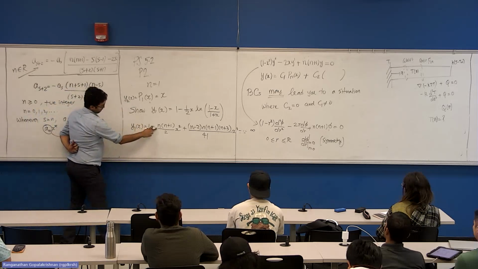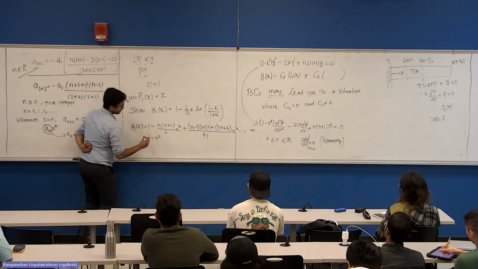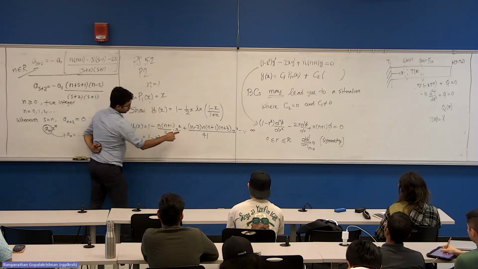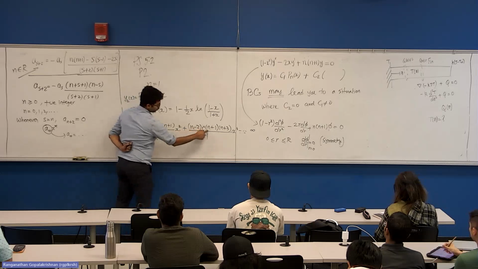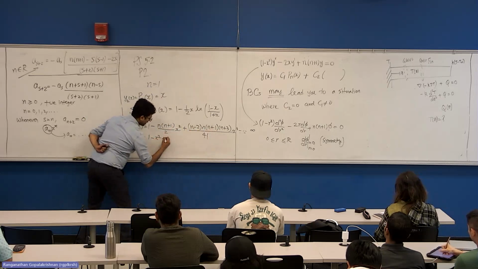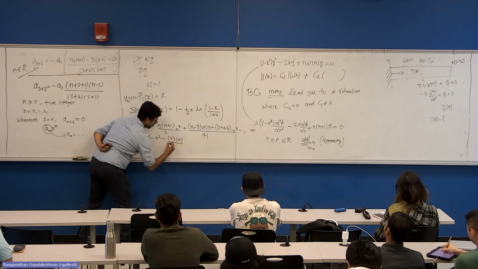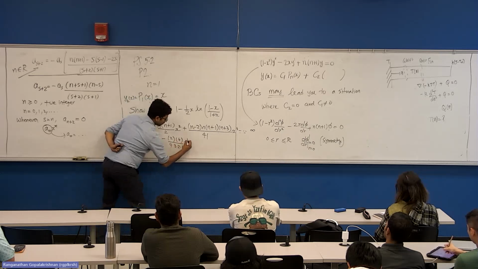N equals 1. I have 1 minus x squared, and then this is minus 1, 1, 2, 4. Minus 2 times 4 divided by 4 times 3 times 2 times 1 x to the 4.